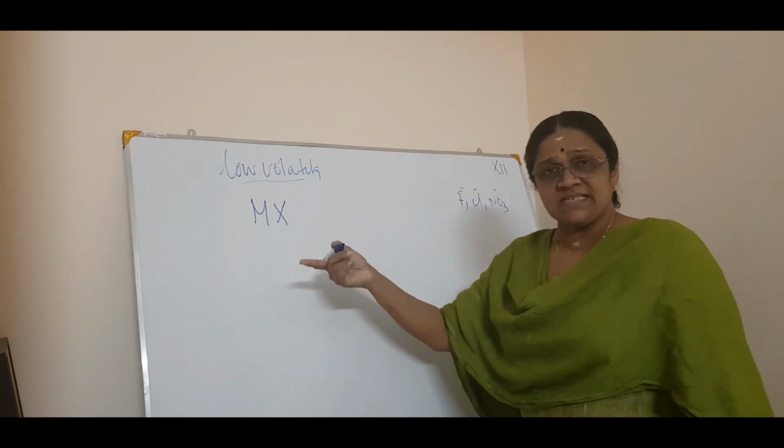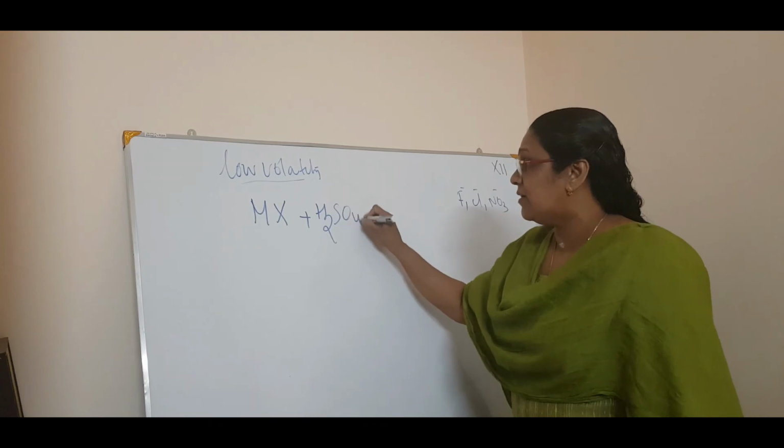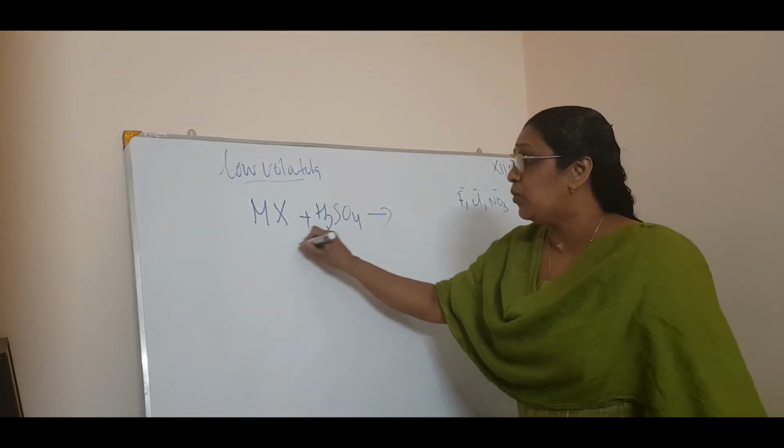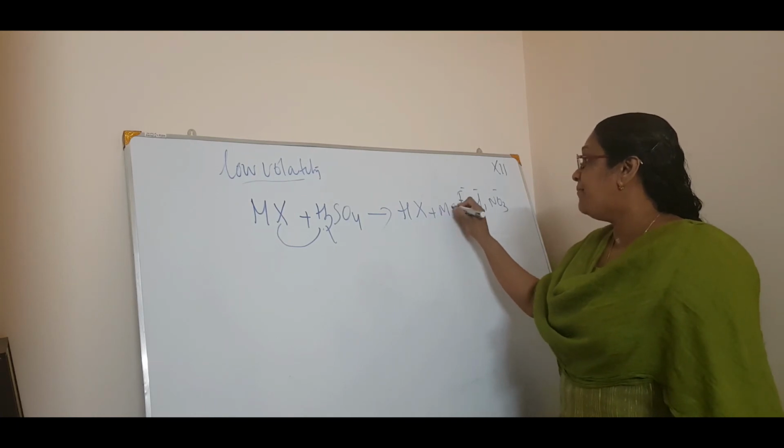M means a metal. When it reacts with sulfuric acid, you will get a high volatile acid like HX plus MSO4.